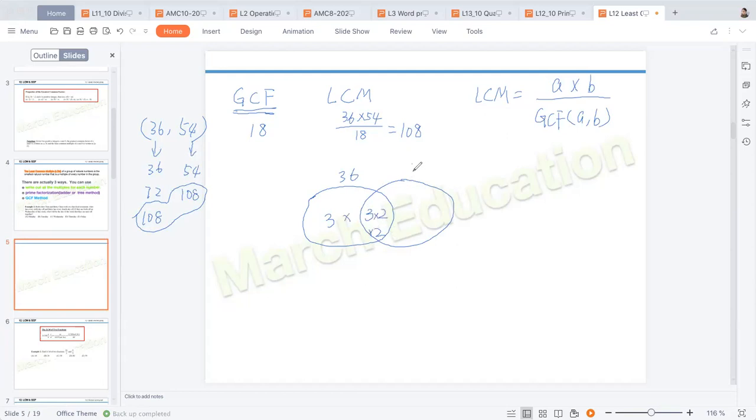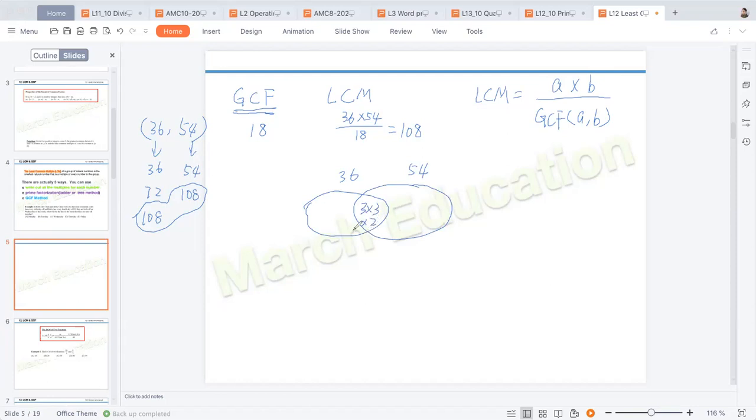And how about 54? 54 equals 3 times 3 times 2 times 3. Okay, so here I need to write it in this way. The common part is 3 times 3 times 2.